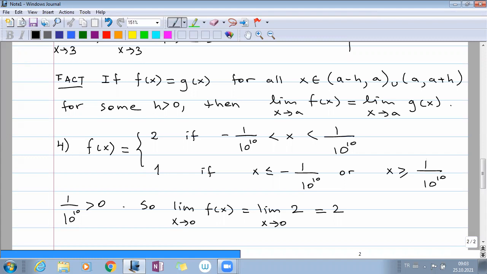So on the graph, you may not be able to see this behavior of the function, okay? But still, although it's very small, it is an interval. So the limit of the function at 0 is equal to 2.